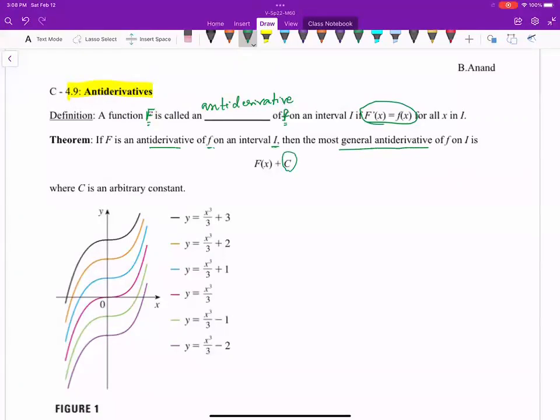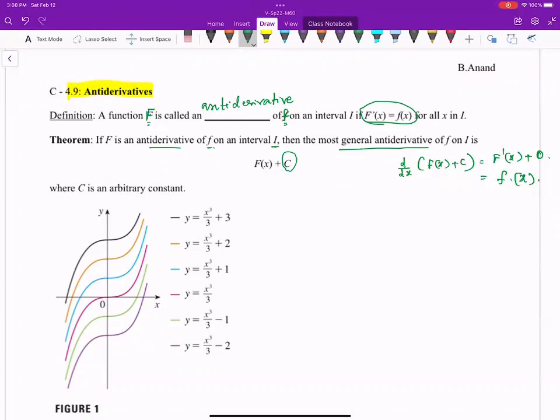Suppose you differentiate your answer, d by dx of F of x plus c would be F prime x plus the derivative of a constant, which is equal to 0. So F prime x is equal to f of x. The derivative of the answer should give you the original function back, where c is an arbitrary constant. C can be any constant.